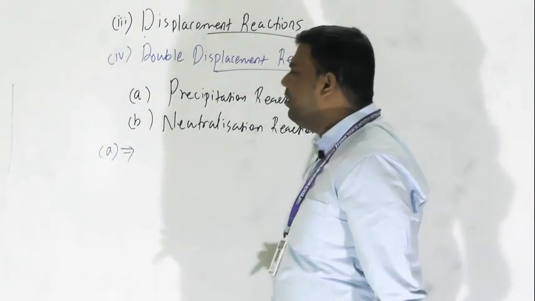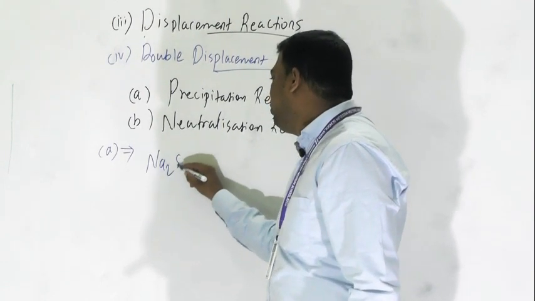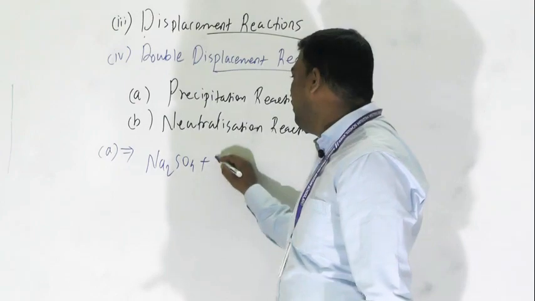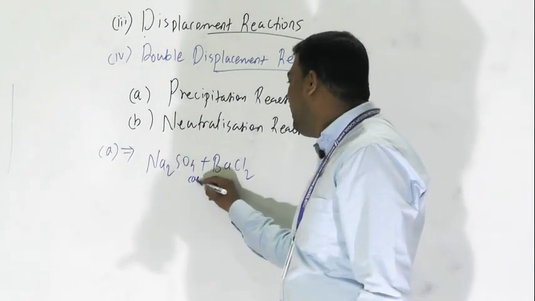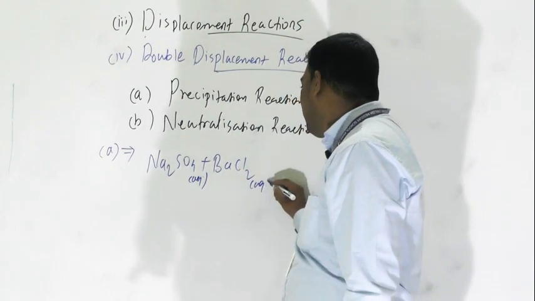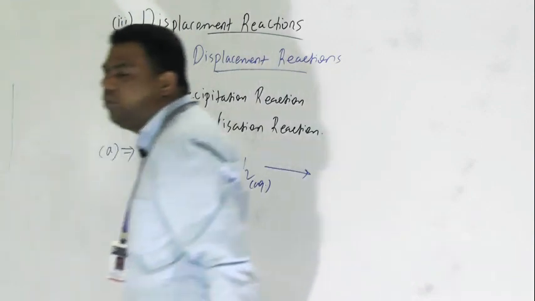Now see the example: Na2SO4 plus barium chloride. It is clear, transparent. Both are in aqueous state.